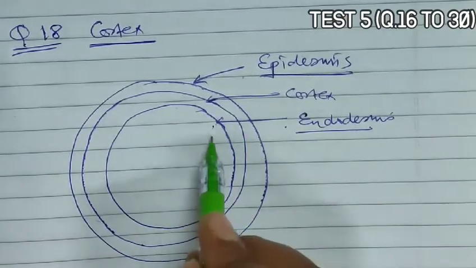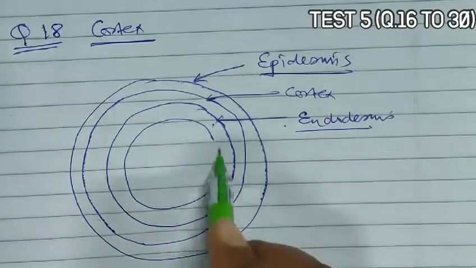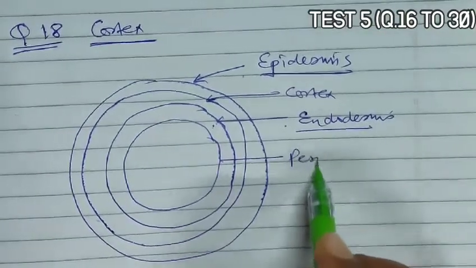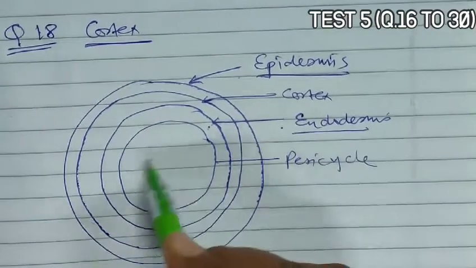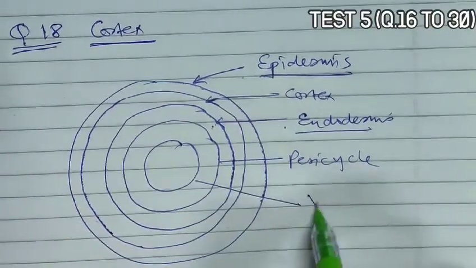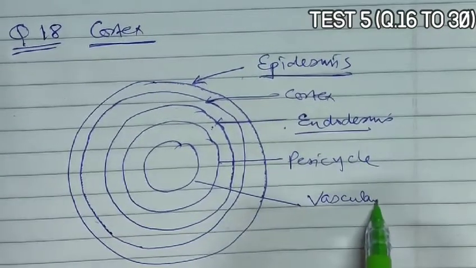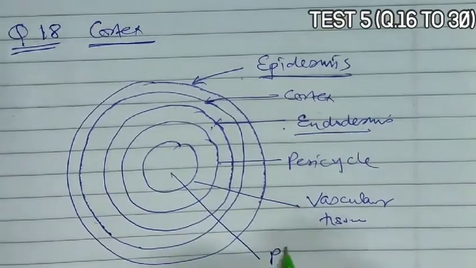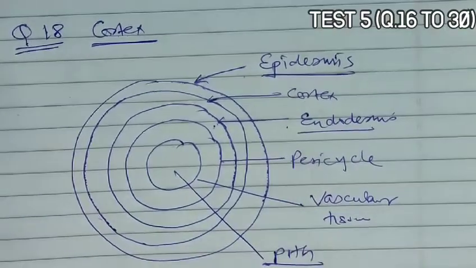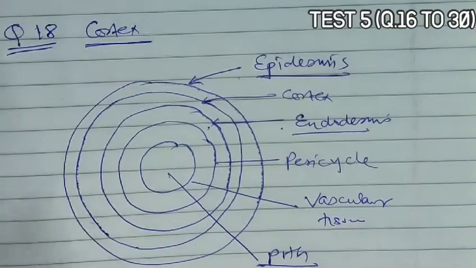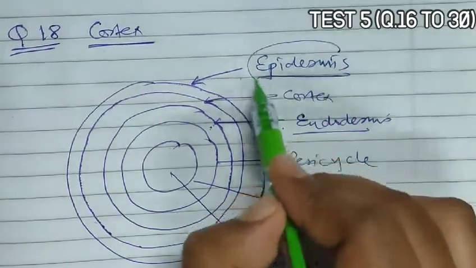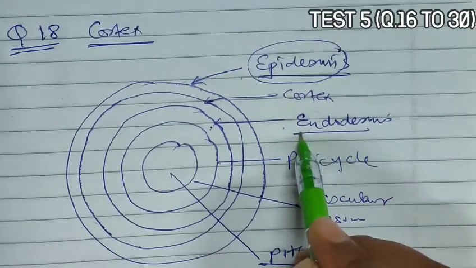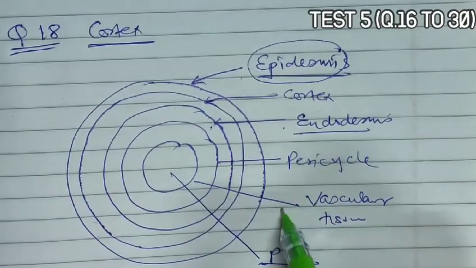Now inner to the endodermis you will find the pericycle, then the vascular tissue, and in the center the pith.